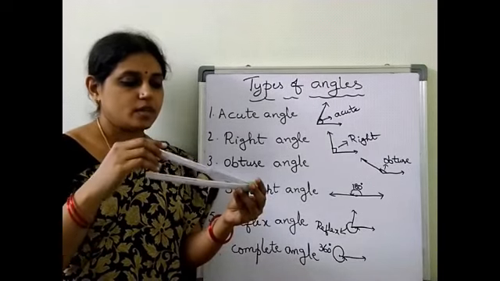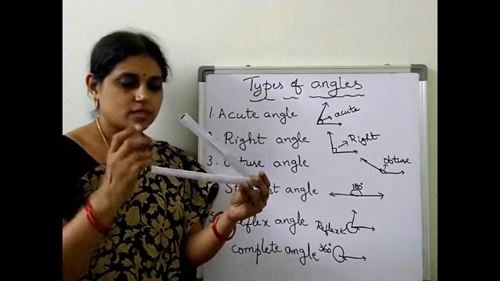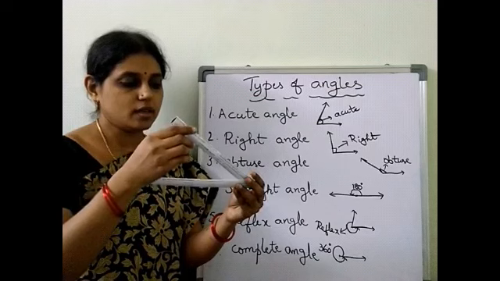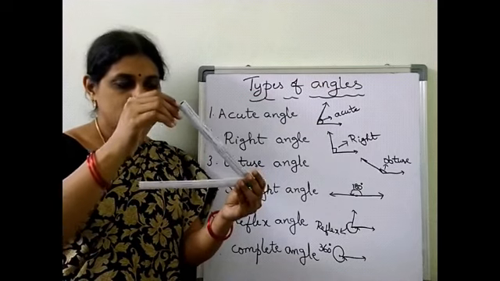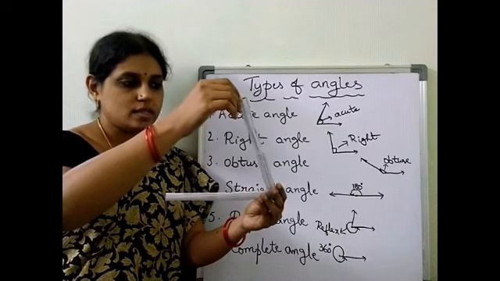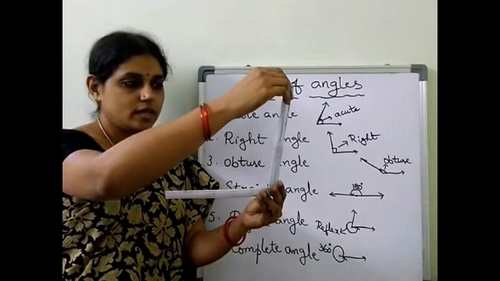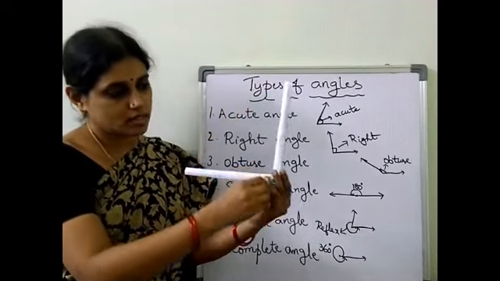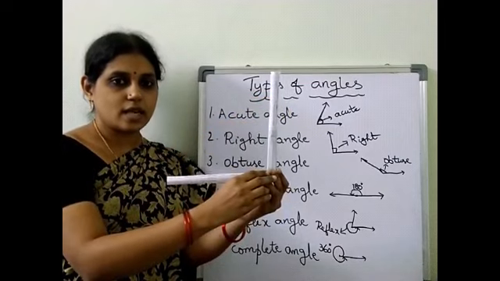So here now, amount of rotation. Two rays I have taken, and you can also think of them as two line segments. Okay, now this is an acute angle, and all these are acute angles only, which are less than 90 degrees. When it reaches 90, this is a right angle.